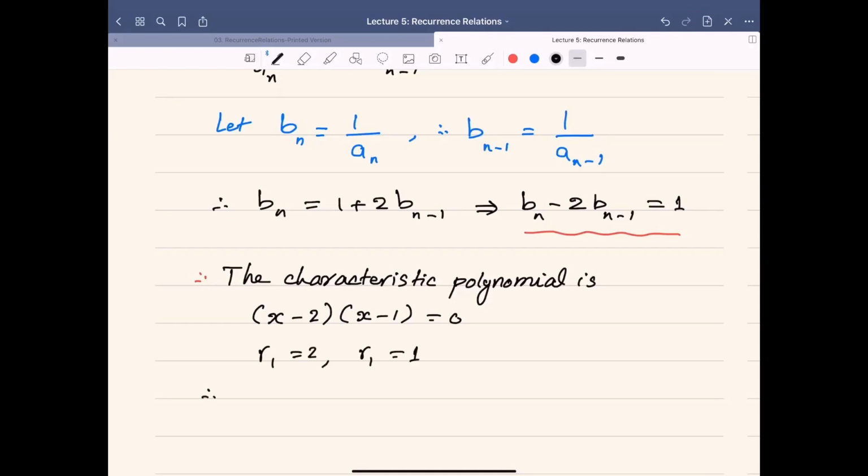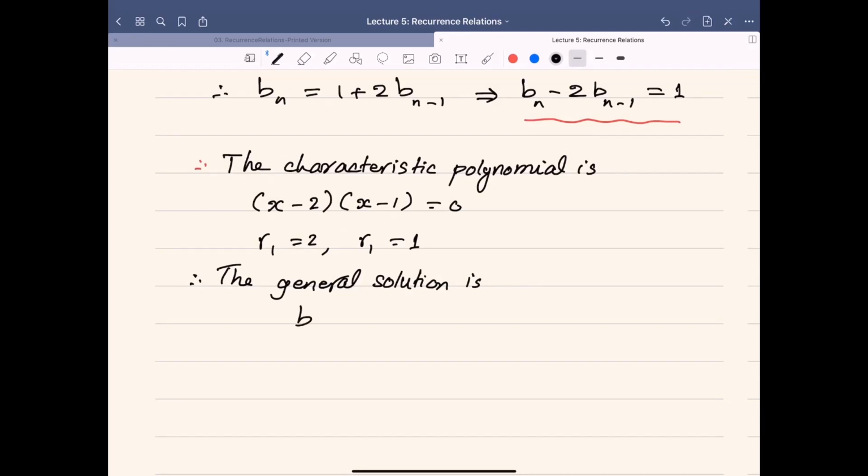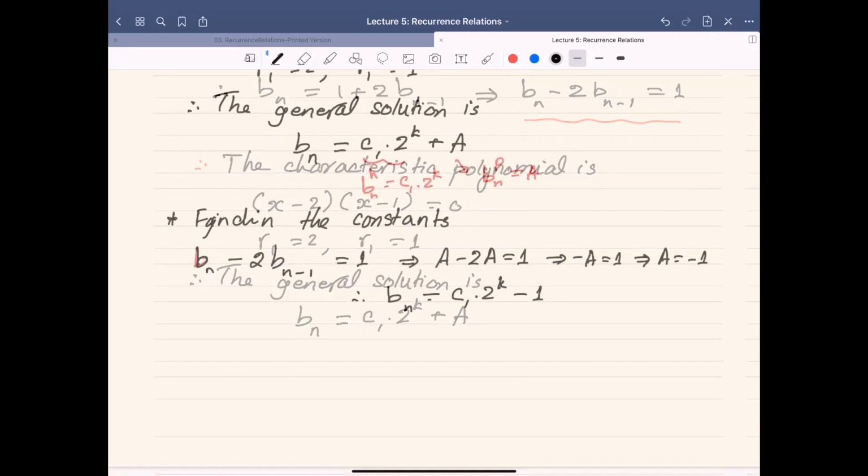So the general solution for Bn, maybe I should write the general solution. Then the general solution is Bn is equal to C1 times 2 to the power n plus a, because the other root belongs to the particular solution.